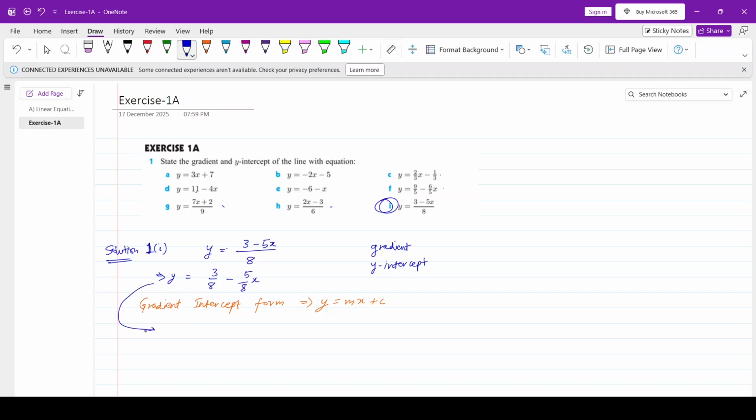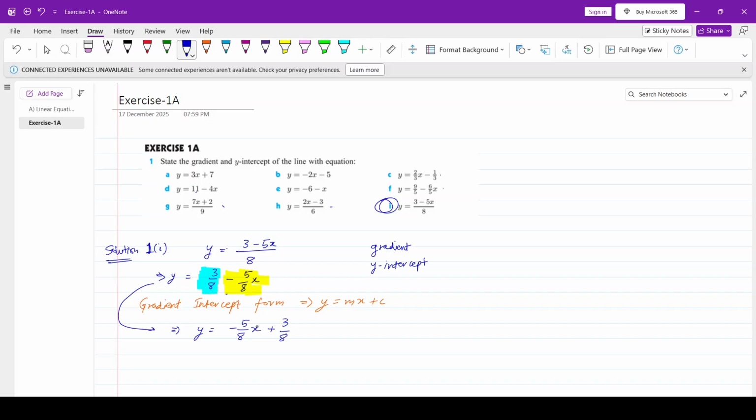Can we say the same equation can be written y is equal to, now I'm writing this x term first, like this, and then I'm writing this other term. It has a positive in front, so I'll be writing plus 3 by 8.